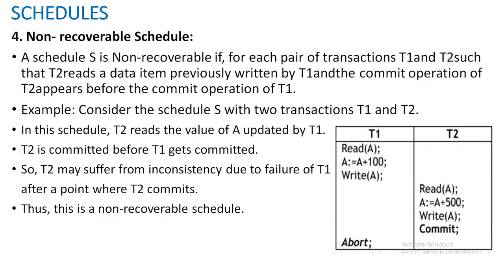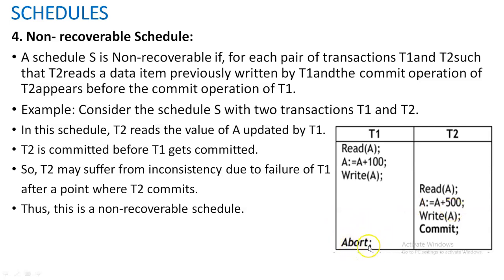The next one is non-recoverable schedule. Here you can see that T1 has started a transaction, but it doesn't give any commit operation. Before T1 commits, T2 depends upon T1, reads A, does a process, and commits the operation. So now T2's operation is committed and stored permanently in the database. But after the commit operation of T2, T1 aborts its transaction.